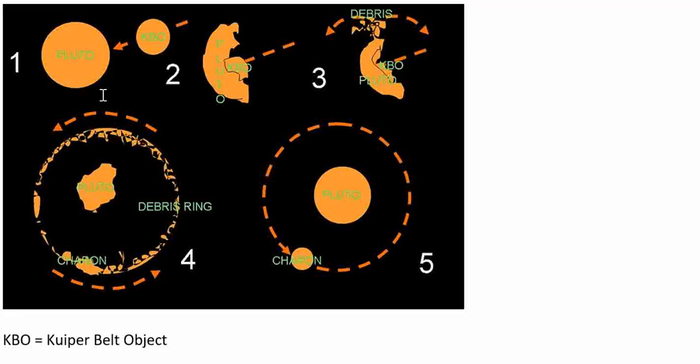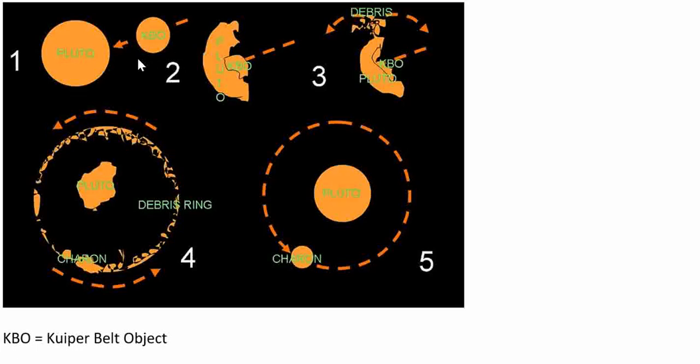So this is the picture of Pluto, and this is an object that hit Pluto, and Pluto broke apart, and the debris, due to gravity, moved around and solidified, becoming the axis Pluto and Charon.